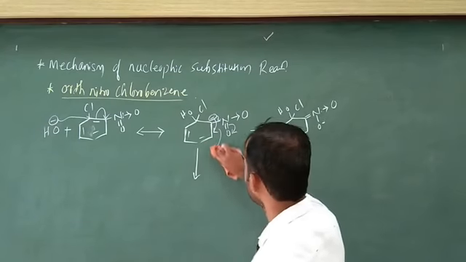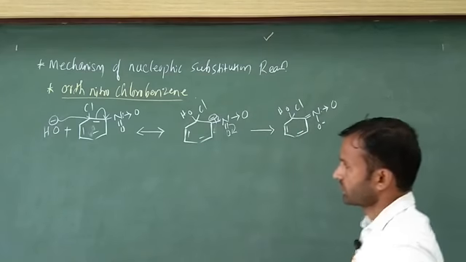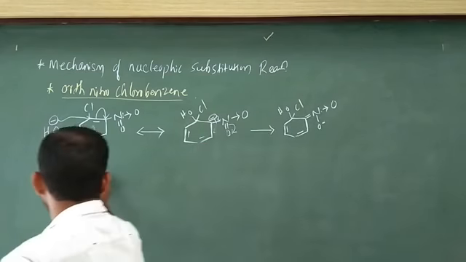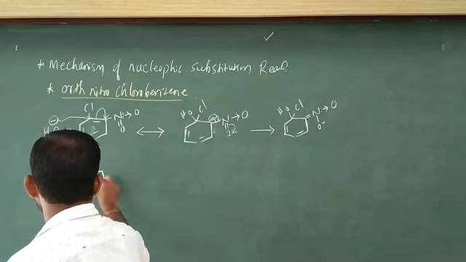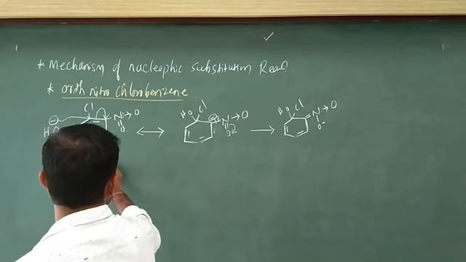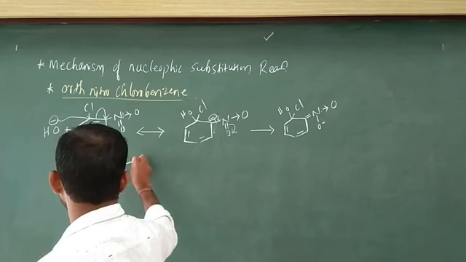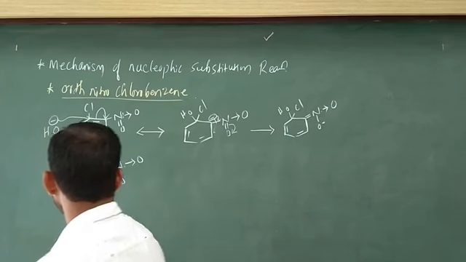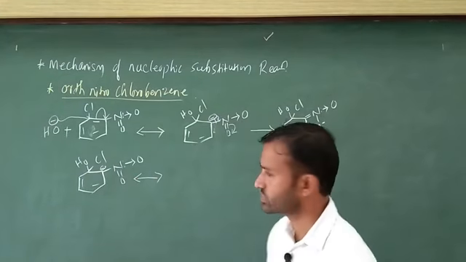I am going to write one more time, it is better, otherwise students are going to be confused. Here is the double bond, this is the OH as it is, Cl as it is, next you have to write the negative charge, and double bond O, next the arrow mark on oxygen. Here, this one indicates resonance.